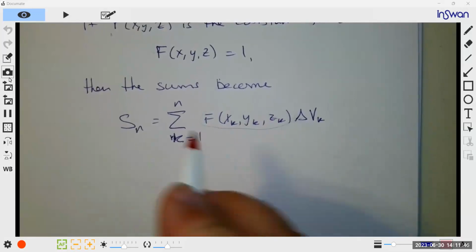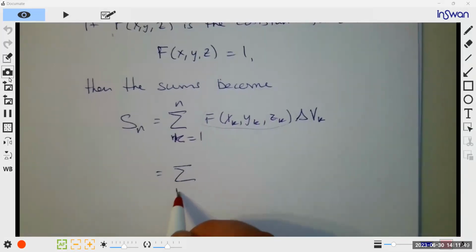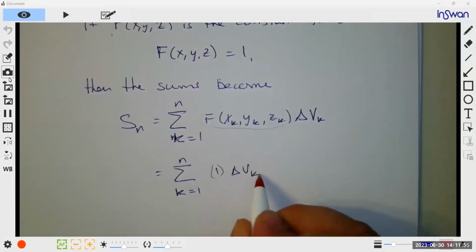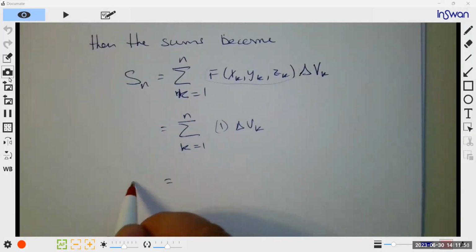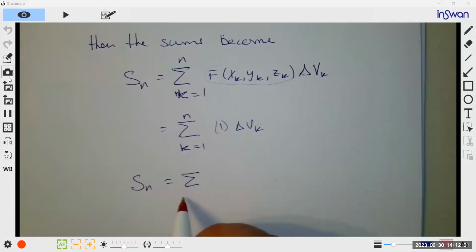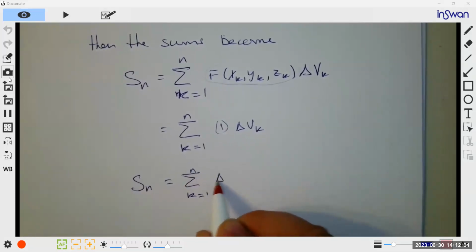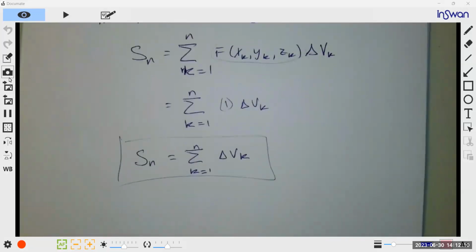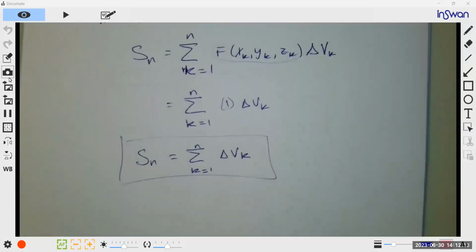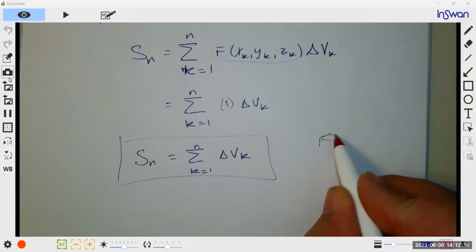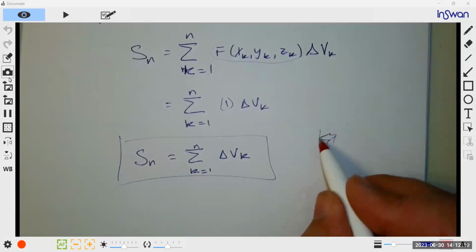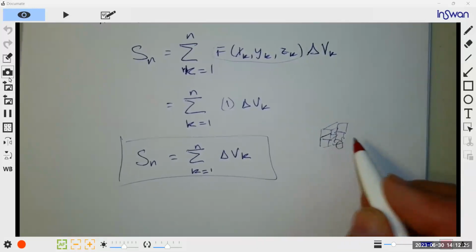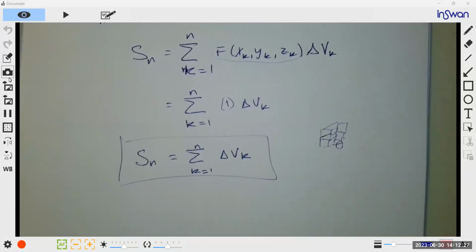So if our function is 1, times delta v sub k, then our sum becomes the sum of delta v sub k. Basically what that says is the sum of all of our little boxes, we add them all up, and that gives us the volume of our object in three-dimensional space.